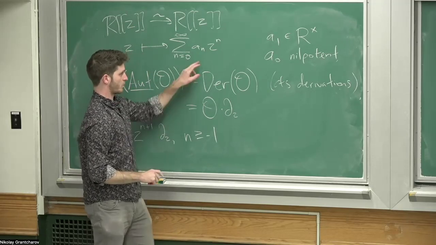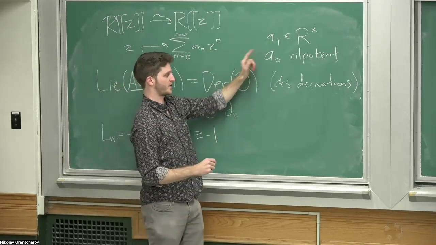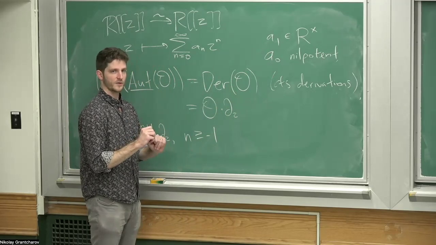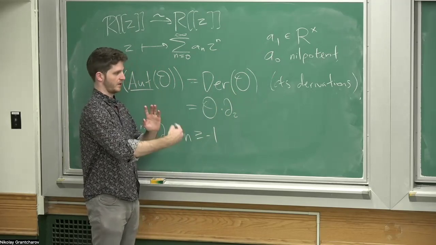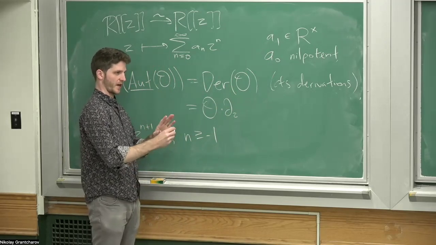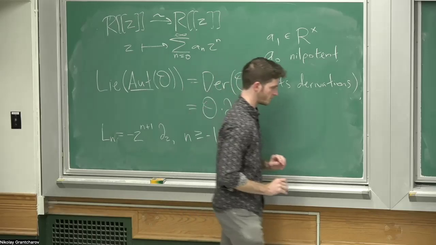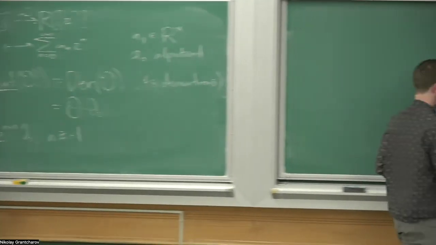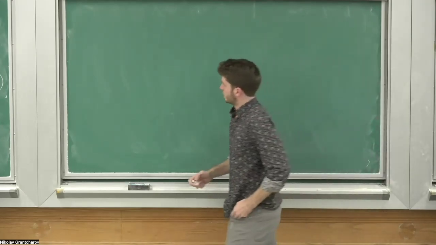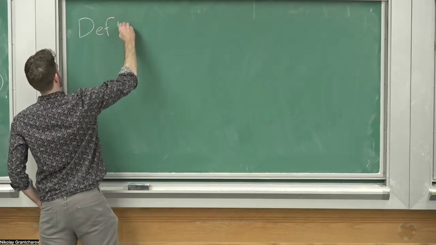Then n equals 1 gives a copy of G_m. And finally, n equals 0 is a copy of the formal completion of G_a. So it has this formal direction. What's left over is this pro-algebraic group that's a semi-direct product of G_m with this thing. More or less solvable.